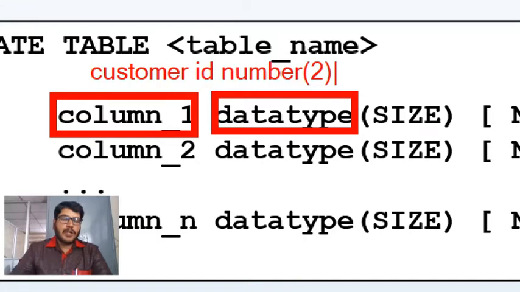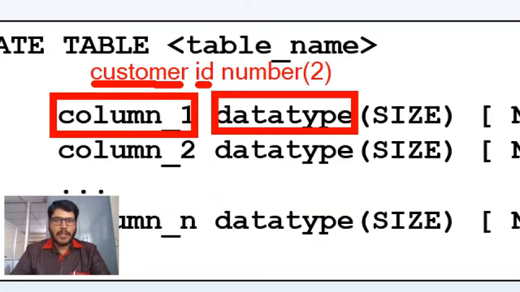Now what the SQL compiler does is identify customer as a column name, because according to the syntax, up to the white space it will consider that as a column name, and after the white space whatever the next word you write, it will be treated as a data type. But here I'm going to create ID, so it will search for the ID data type, but unfortunately this particular ID data type is not available in Oracle.